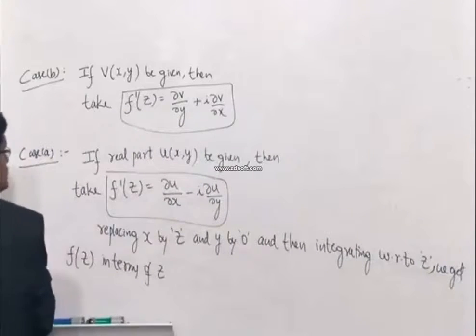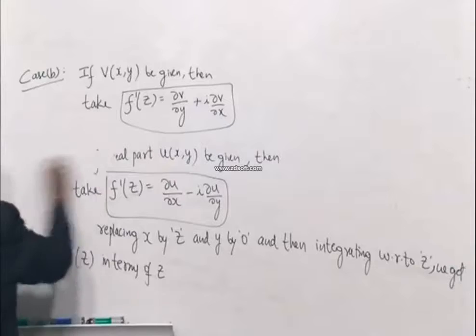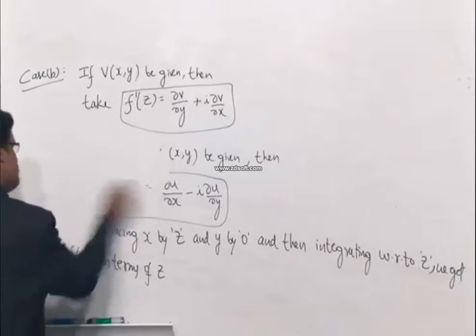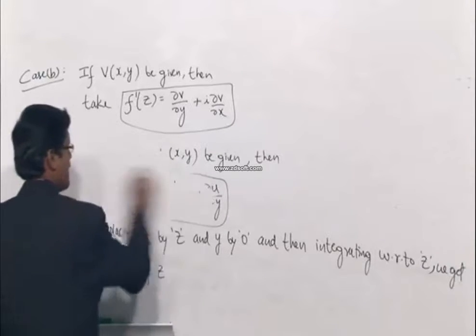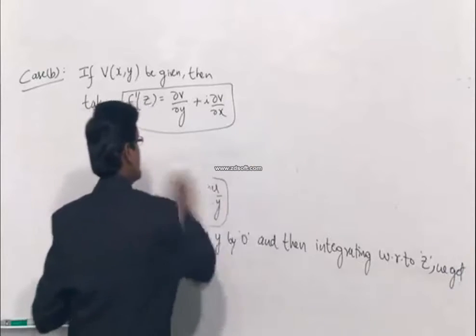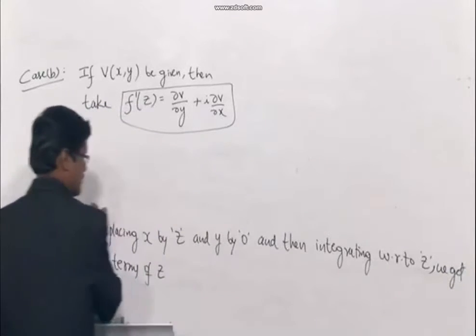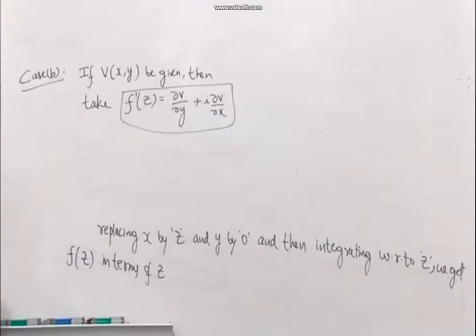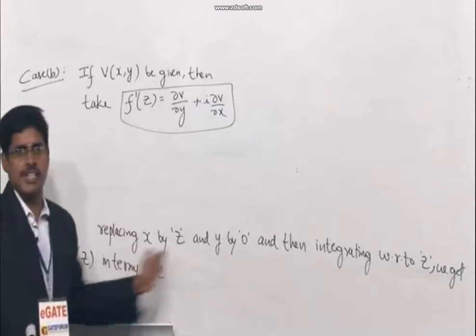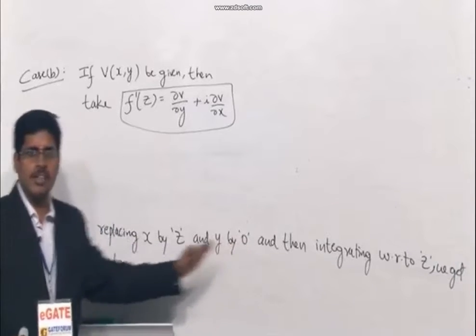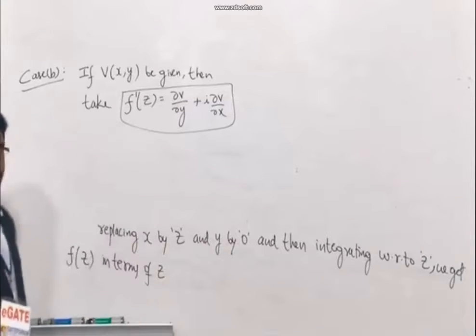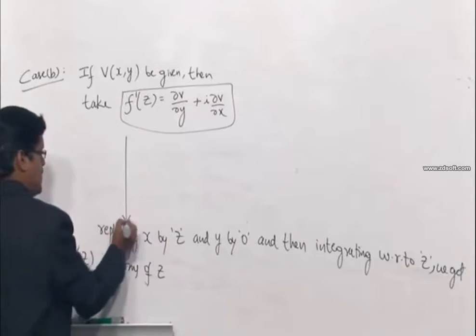And same as above. Copy this, replacing x by z and y by 0, then by integrating we get f of z in terms of z.